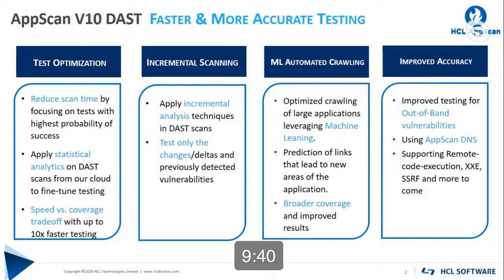Yeah, in version 10, it's our first release of incremental scanning, and we plan to continue and enhance it. This capability is available in AppScan Standard and also in AppScan Enterprise as part of the API. The test optimization is available in all our DAST solutions: Standard, Enterprise, and AppScan on Cloud.